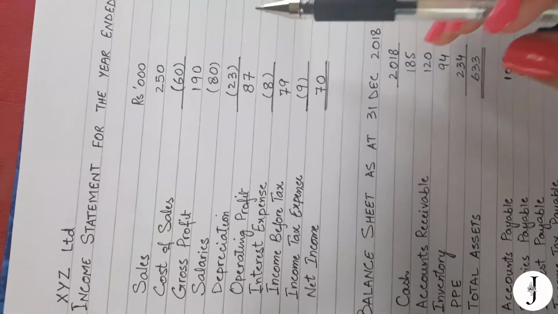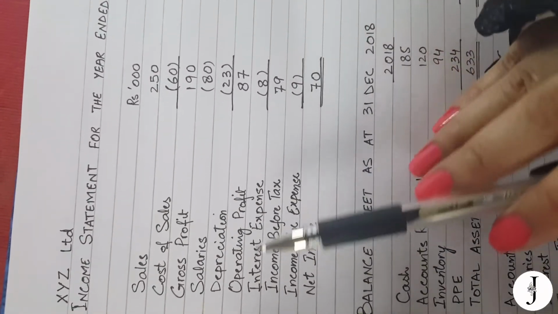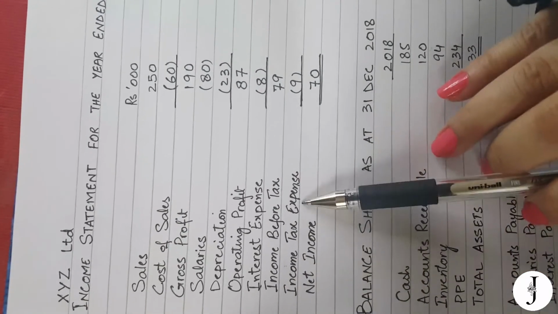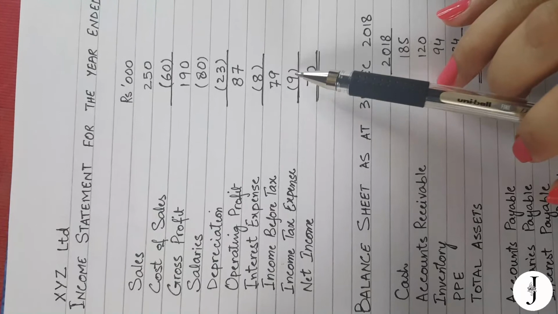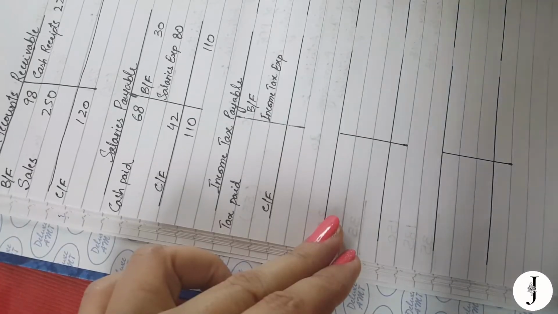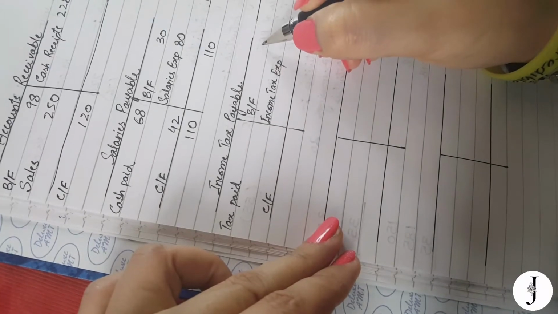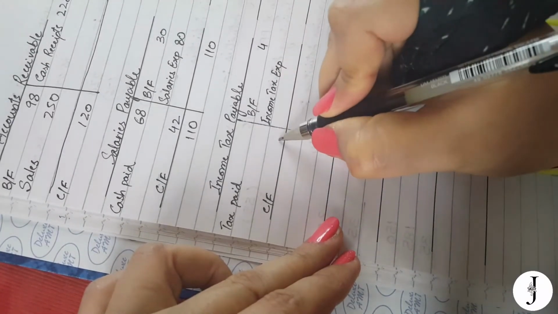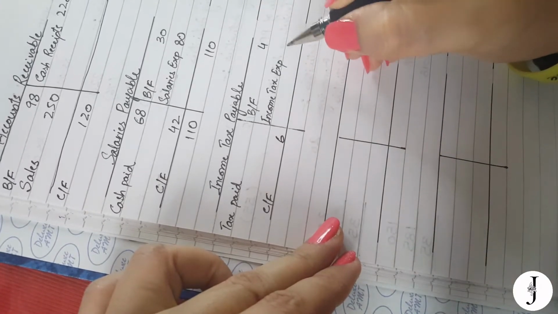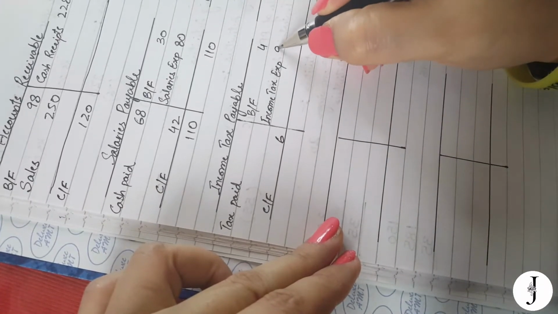And from income statement, this is the income tax expense, 9,000. So we will put these figures into our account. So the opening balance is 4,000 and closing balance is 6,000. Income tax expense from income statement we got 9,000.